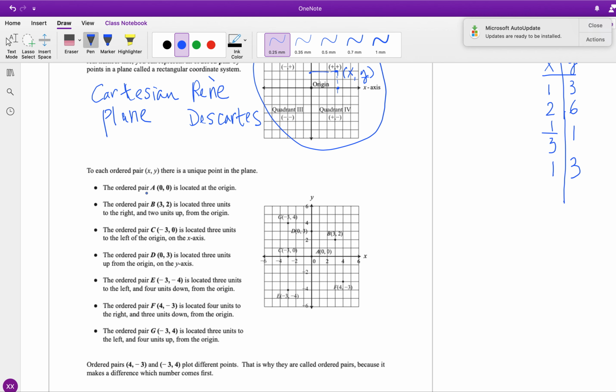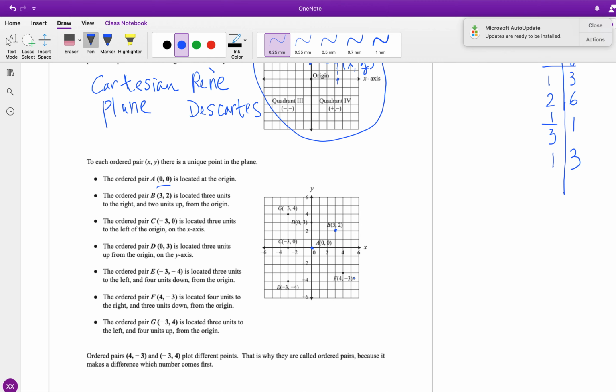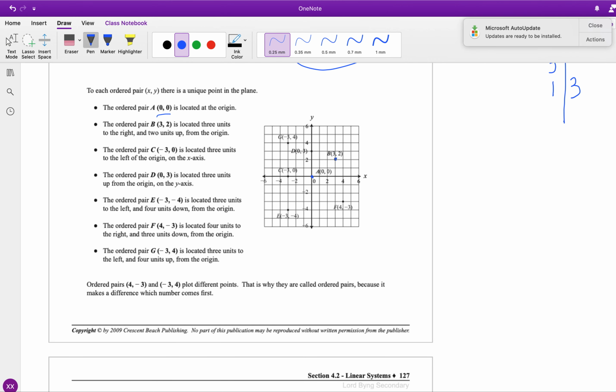Okay, so now take a look at this. If the ordered pair is given, then you can plot these values as a dot. Plot the dot on the Cartesian plane. (0, 0) is right here, and then 3 and 2. So the x value is 3, the y value is 2, so it's right here. And also, if a point is given, you can also read the x and y value.